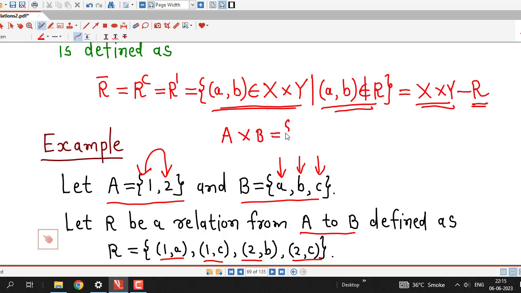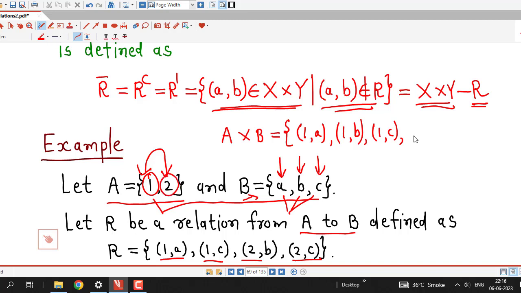Here we can write down A cross B also. Suppose I am interested in the Cartesian product of these two sets, then first I fix 1 and I change the second members: (1, A), (1, B), (1, C). Similarly I fix 2 and I write (2, A), (2, B), (2, C).